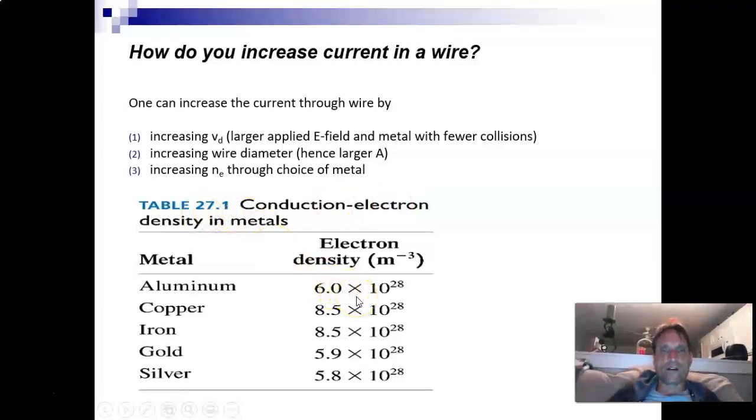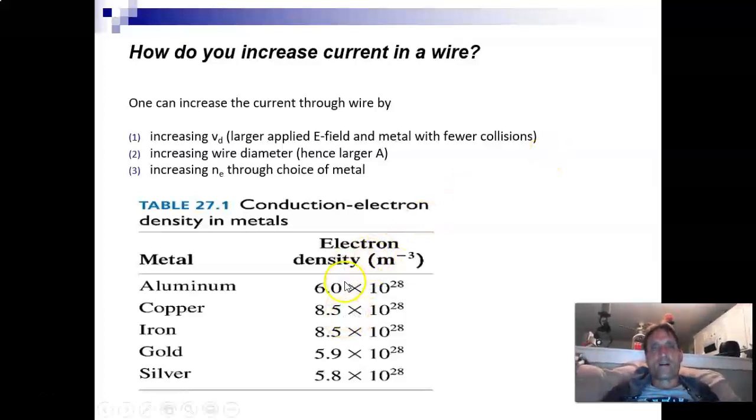And so in these metals, like copper and silver and gold and aluminum, you see they've got a huge number density of electrons. For example, copper has 8.5 times 10 to the 28th electrons per cubic meter, or 8.5 times 10 to the 22 per cubic centimeter.